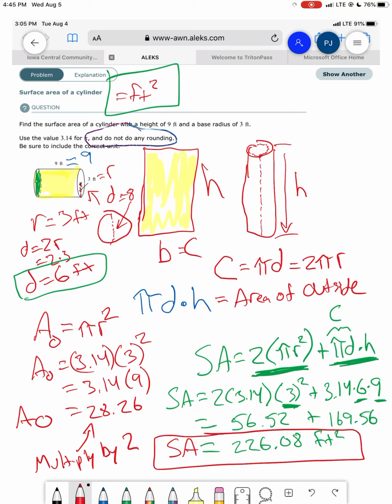So we have to multiply that by 2. And we see we did that here, which gave us the 56.52. And then this is going to be the outside, the 169.56, for a total surface area of 226.08.